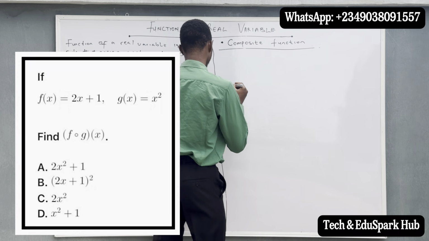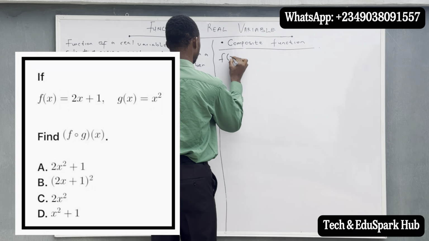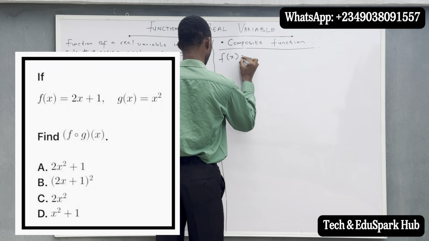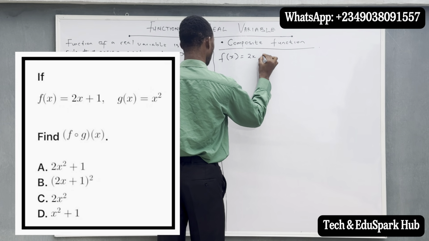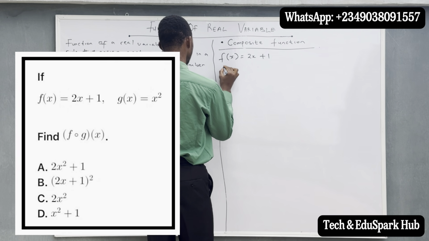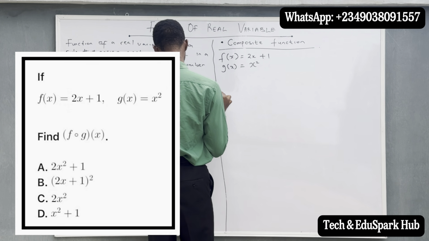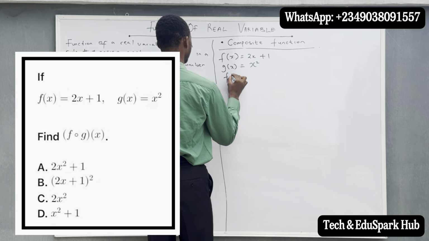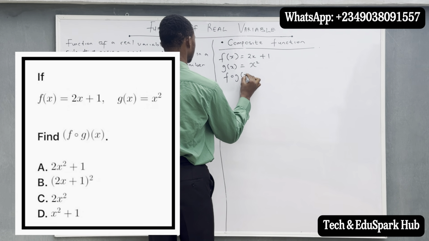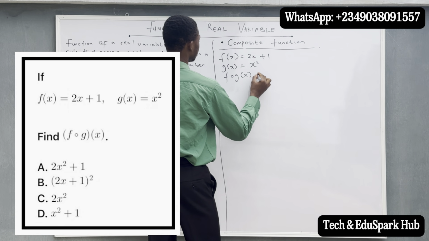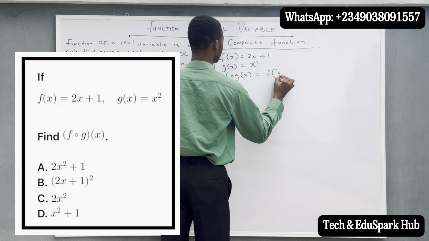So we have our f of x to be equal to 2x plus 1 and our g of x to be equal to x squared. So the question is asking us to calculate f of g of x. So remember that we can write this as f of g of x.